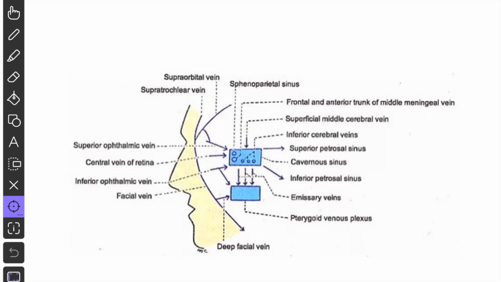Then you have the ophthalmoplegia due to the involvement of the third, fourth and the sixth cranial nerves. Then you have marked edema of the eyelids with exophthalmos due to the congestion of the orbital veins. Because of the intercavernous communication, unilateral thrombosis becomes bilateral.